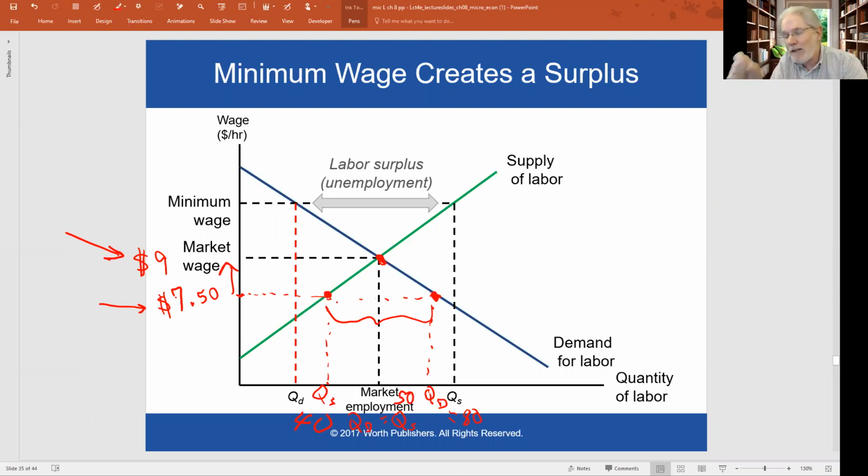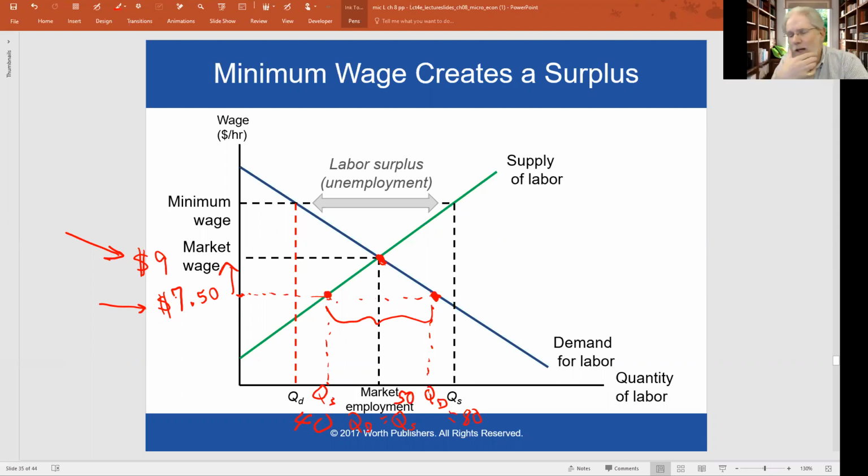So as employers compete for the workers who are available, it is in the employer's interest to offer a higher wage. Notice each employer is competing against all the other employers.